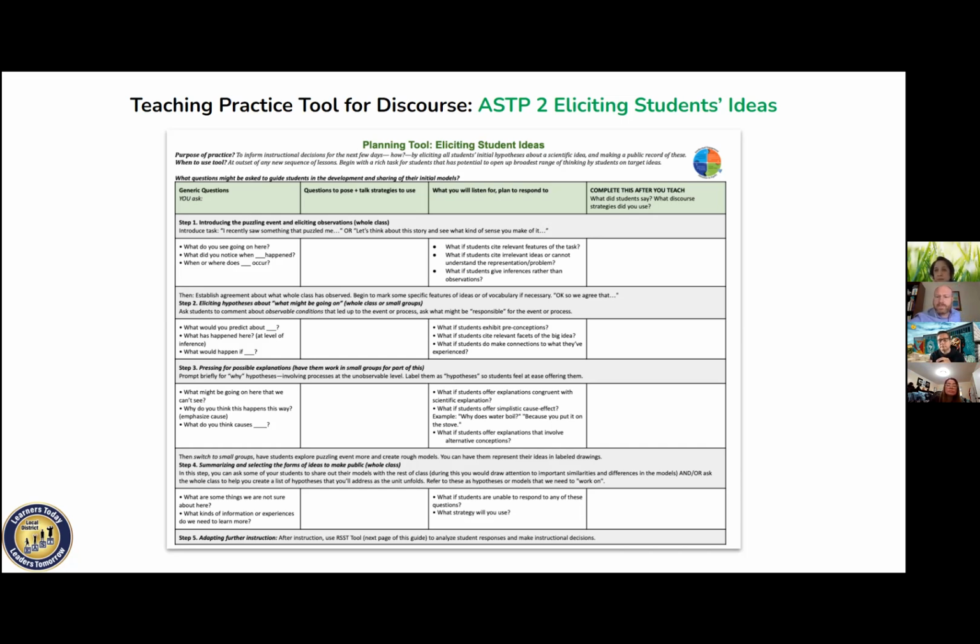Thank you. Joy and Maria agree. So thank you. This planning tool is very helpful because it lays out the steps. Then it provides some generic questions that you can ask your students.